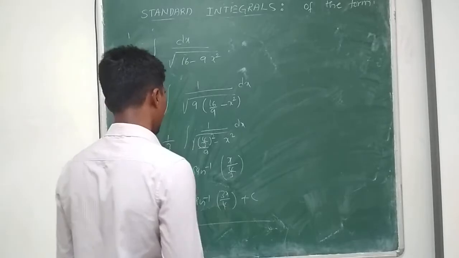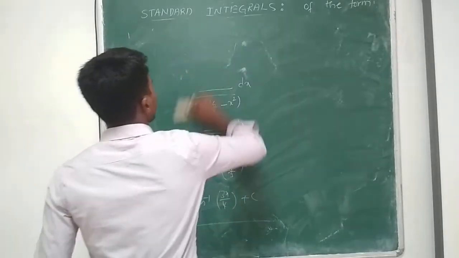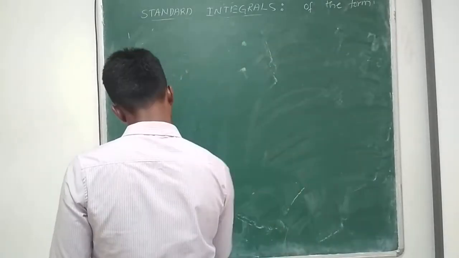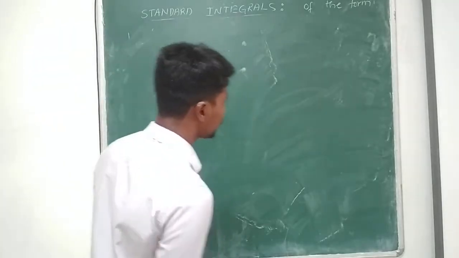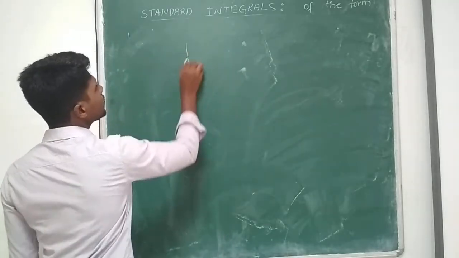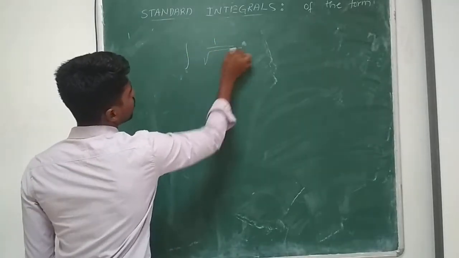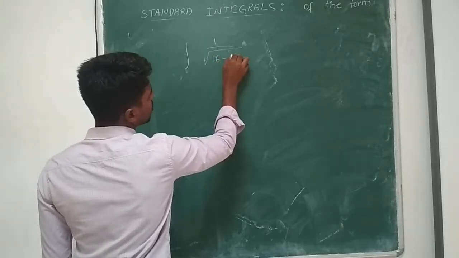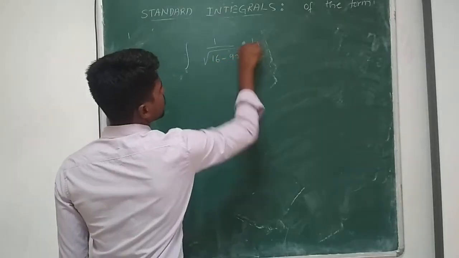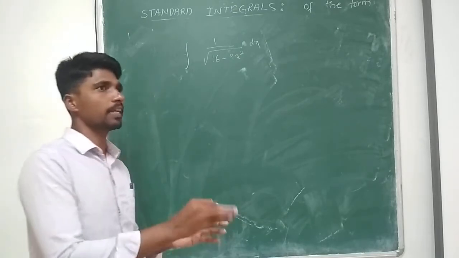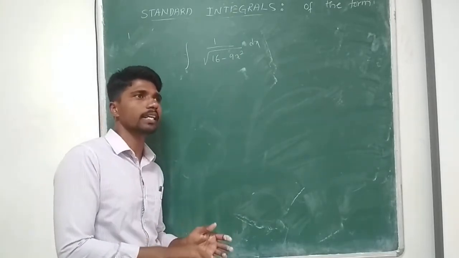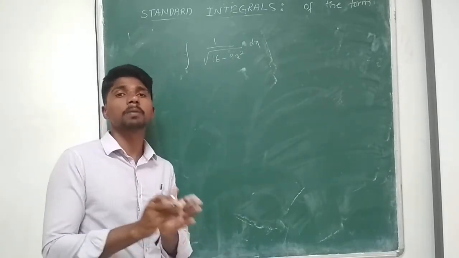Next question. Same question, if I want to do it in another way. What is that other way? Integral 1 by root of 16 minus 9x square dx. The other way is the application we learned in the second exercise, f of ax plus b form.